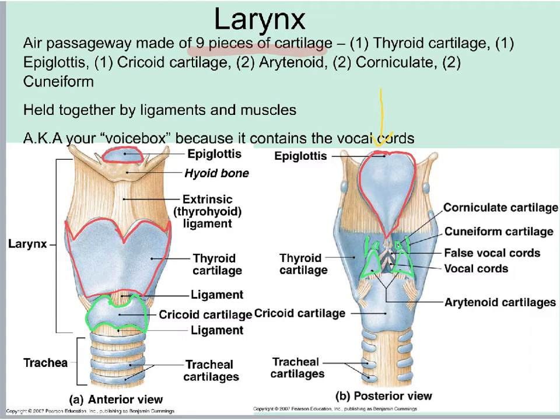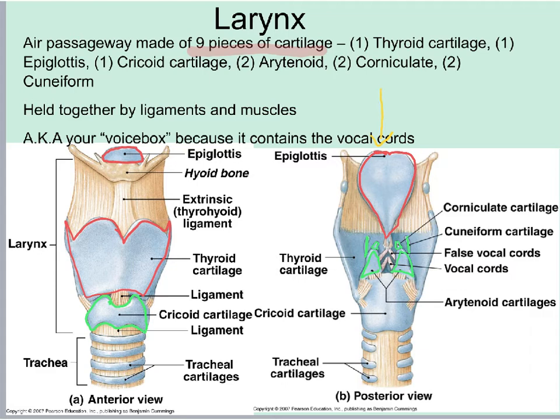Now, all of these cartilages are held together by ligaments and muscles, although you can't see the muscles here. They're not labeling or even drawing those muscles in. But let's look at some of the ligaments, not the cartilages.